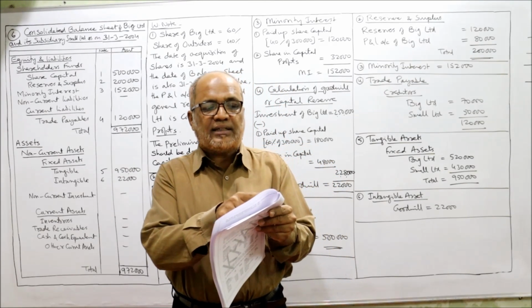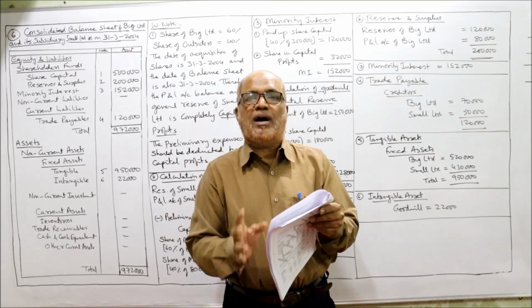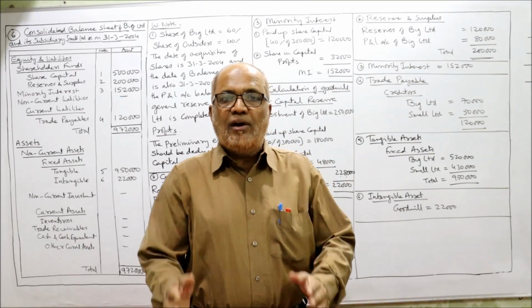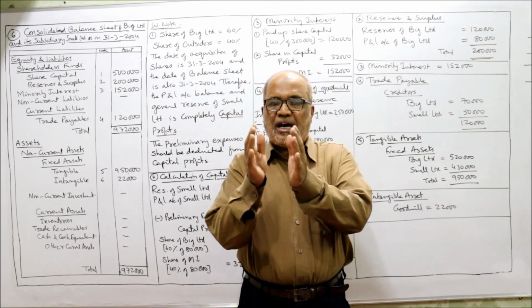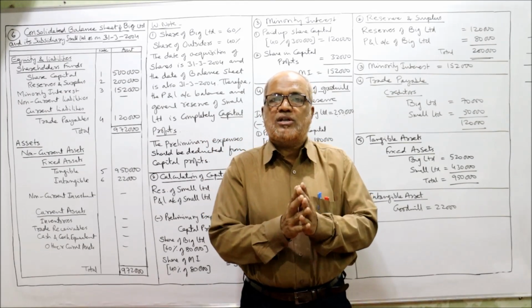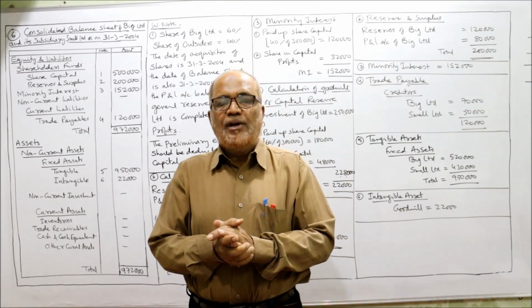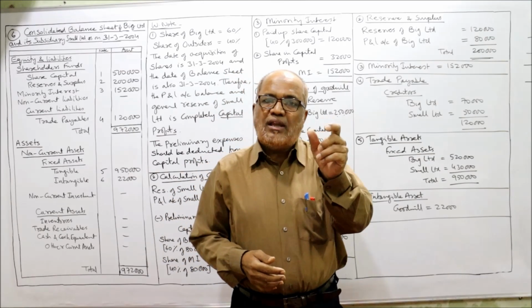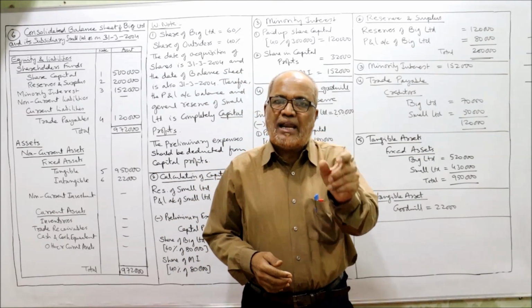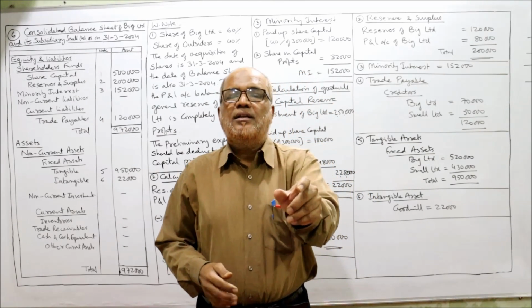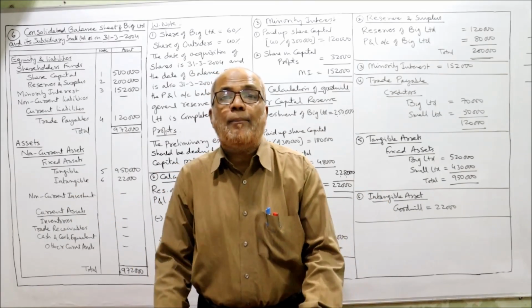Prepare a consolidated balance sheet as on 31st March 2004. That means the date of the balance sheet and the date of acquisition of shares are both the same. When both are the same, whatever the reserves and P&L account balance is there in Small Limited, that complete balance will be capital profit.